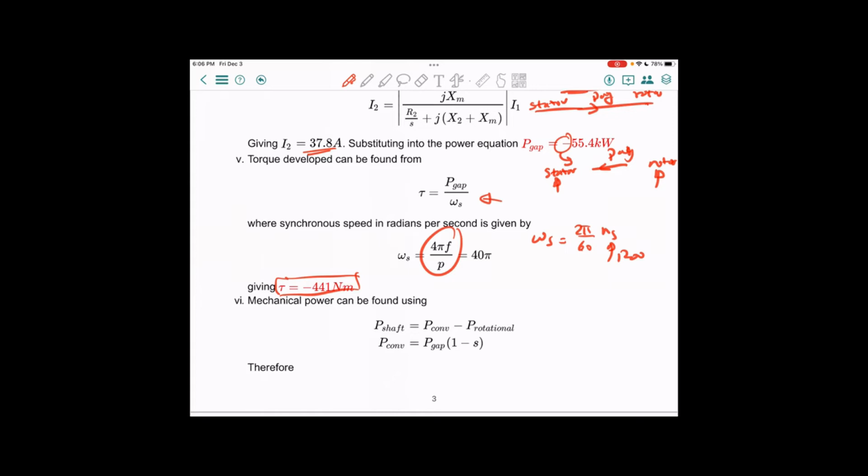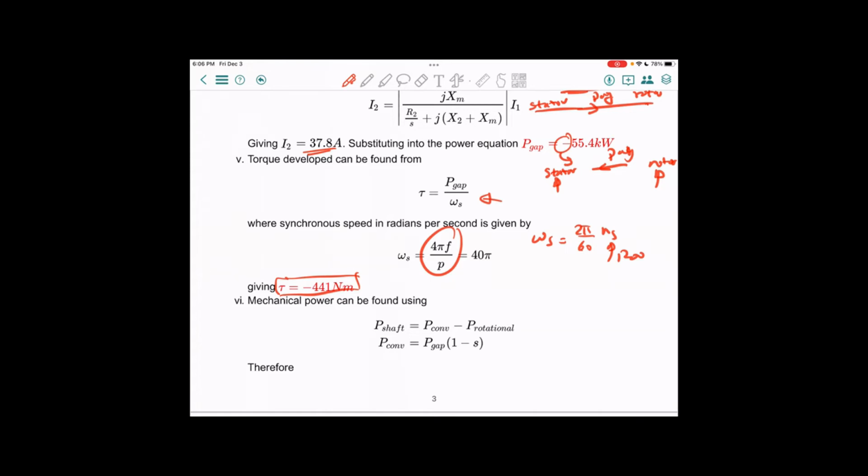Why? Because it's not like the other torques, okay? The torque of the motor is just the output. So the torque is something out of the machine. Because that's a motor, the mechanical torque of the machine is just going out. That's motor mode. But here, because that's a generator, it's negative.